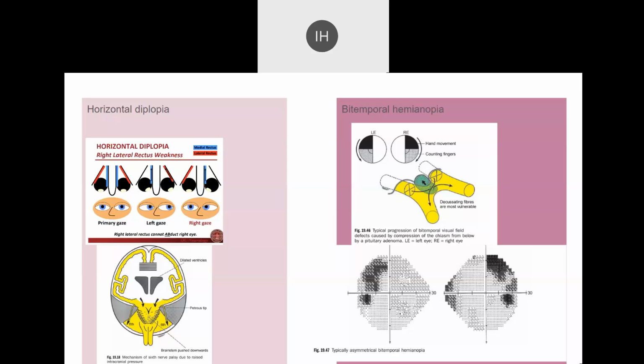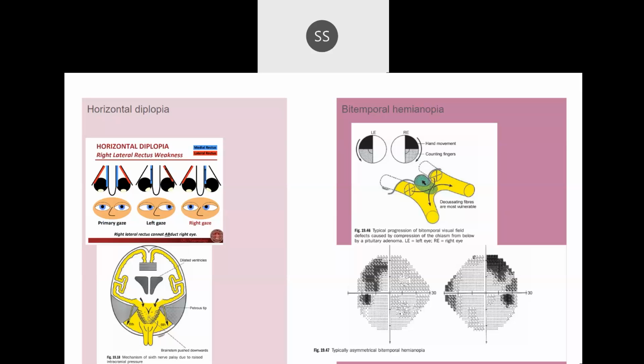So in primary gaze, where will the eyeball be? Normal, Doctor. If let's say you wrote right lateral rectus weakness in your slides, if the right eye has lateral rectus weakness, where will the eyeball be?